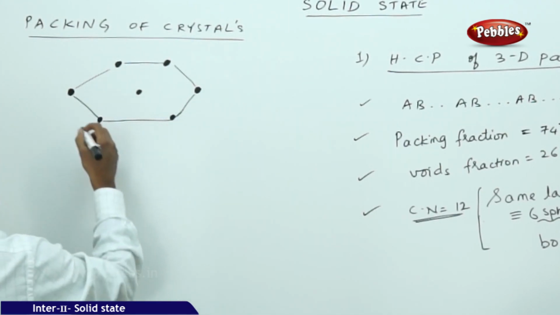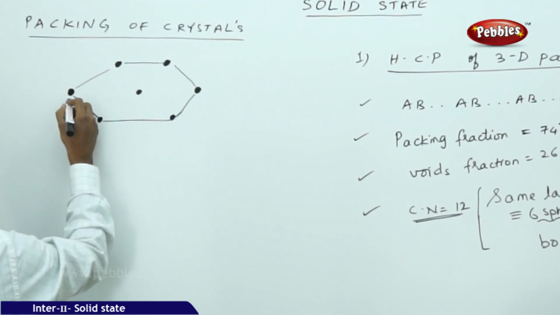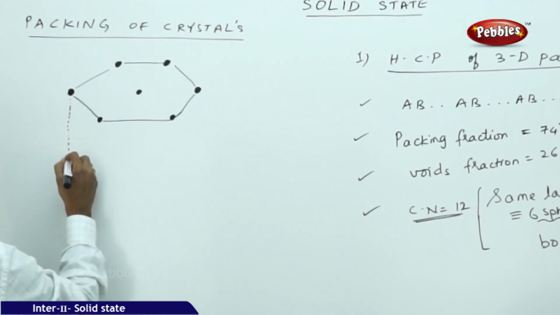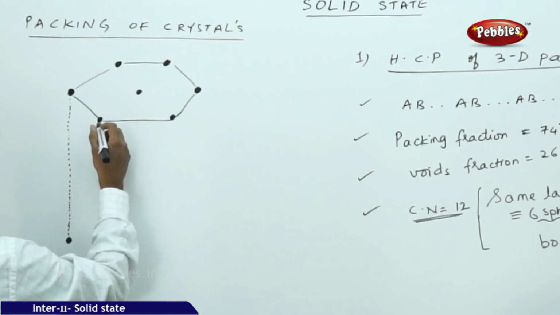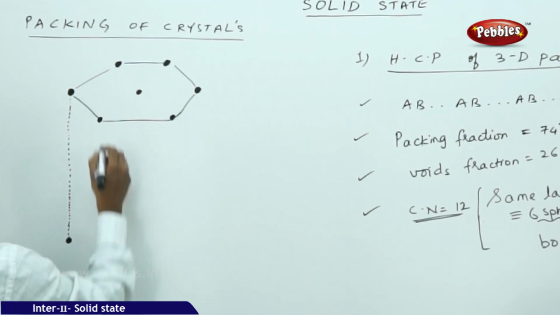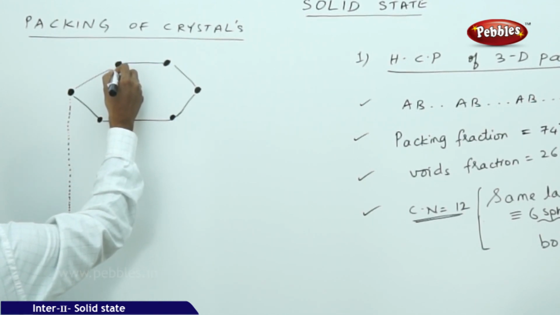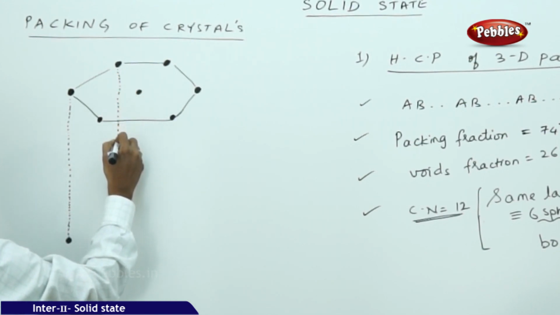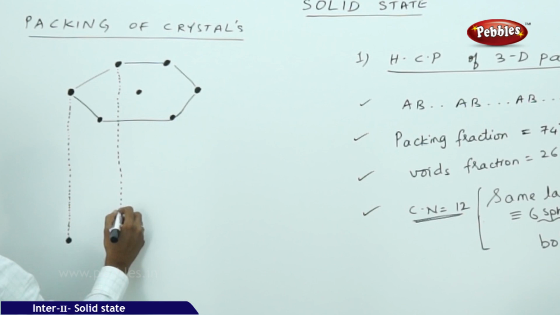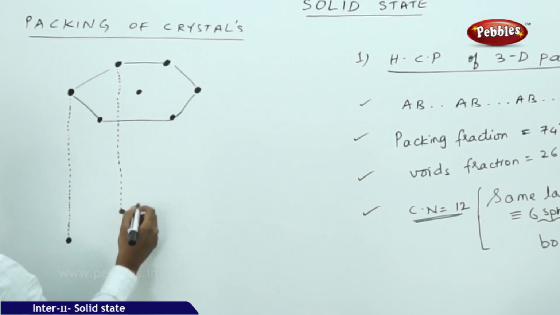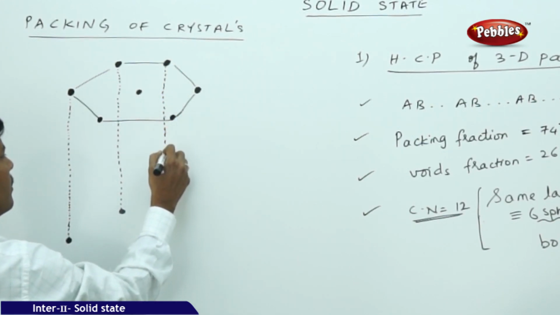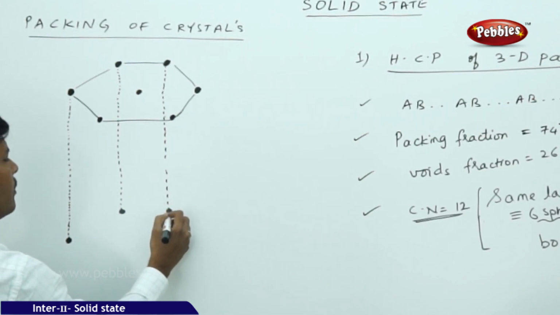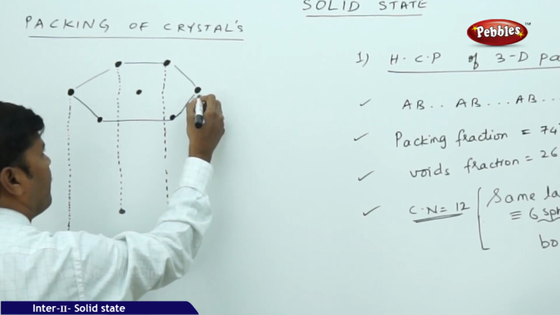Now suppose I drop one perpendicular in such a way that it covers the maximum distance. So here also we place one sphere, because this is in the above plane. Drop one more sphere and stop over here, and here is one more sphere, then here also you do the same thing, bring it to the same position.